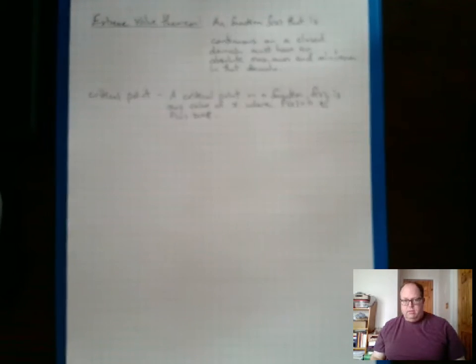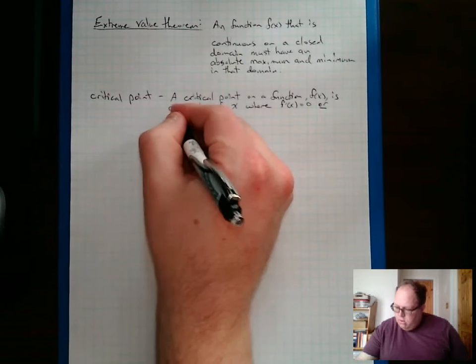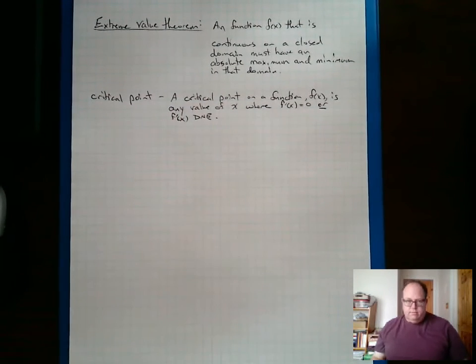So those are critical points, places where either your derivative is equal to 0 or the derivative does not exist.